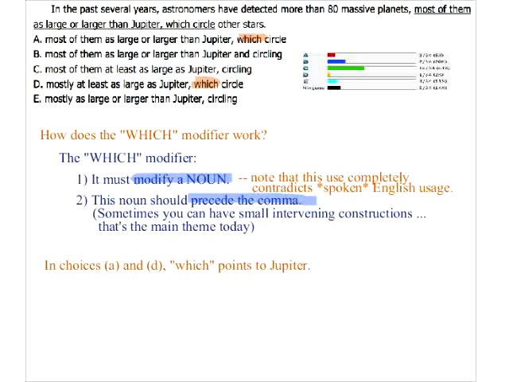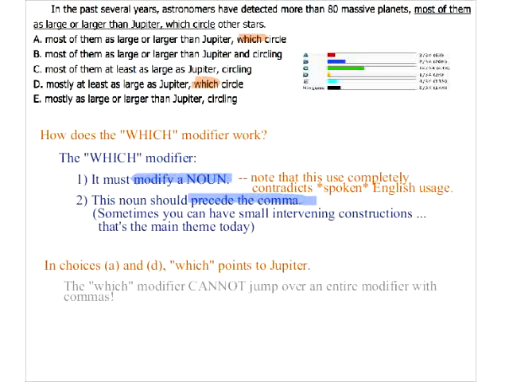In other words, a couple of you guys are saying massive planets. Let's clarify that. The which modifier cannot jump over an entire modifier with commas.